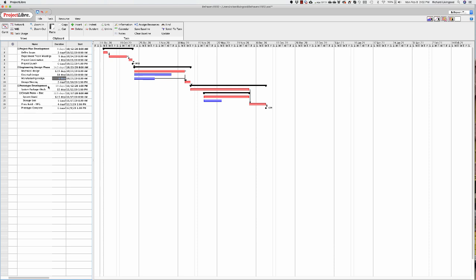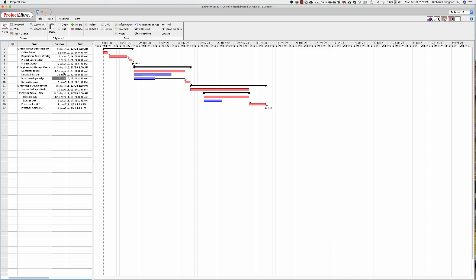It did pull back the date for the beginning of the design meeting, but that's because we assigned a different duration to electrical. Electrical no longer drives the whole design process.